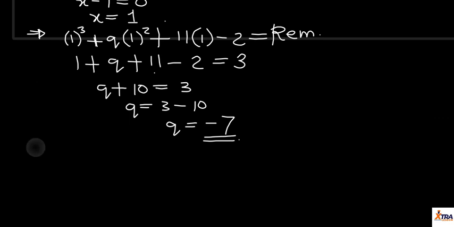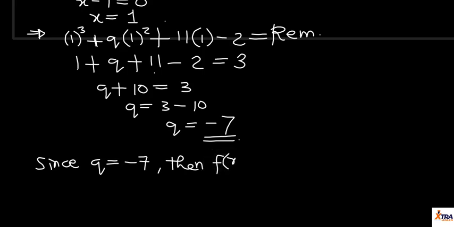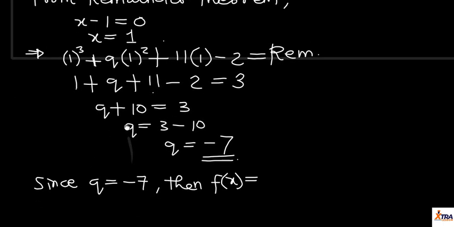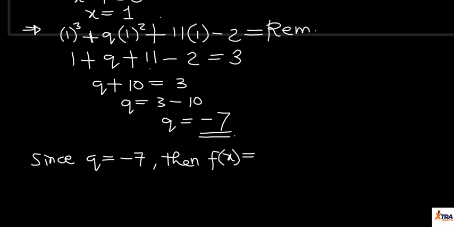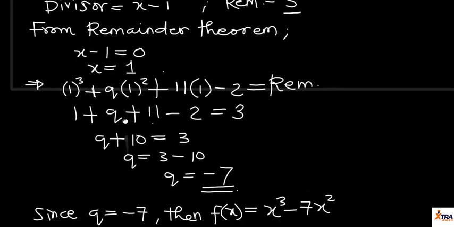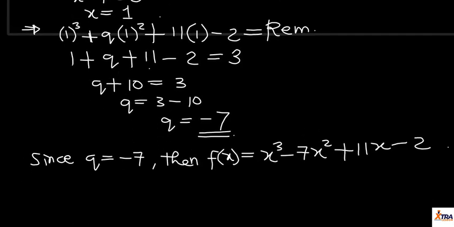So since q equals minus 7, f of x will now be x cubed minus 7x squared plus 11x minus 2. So this will now be my new function. Then I can go to my Roman figure 2.